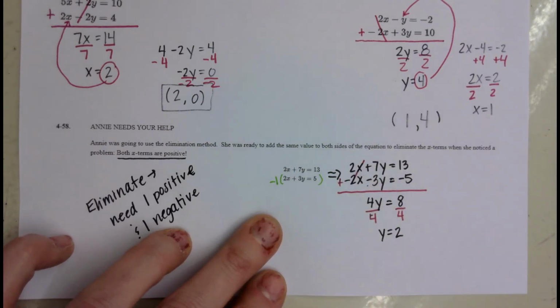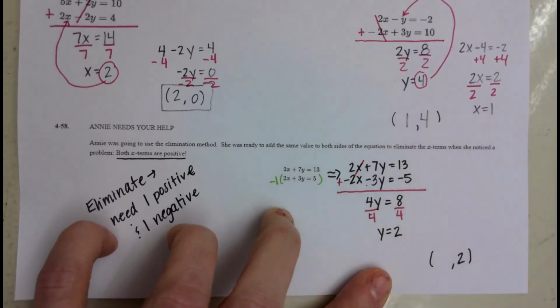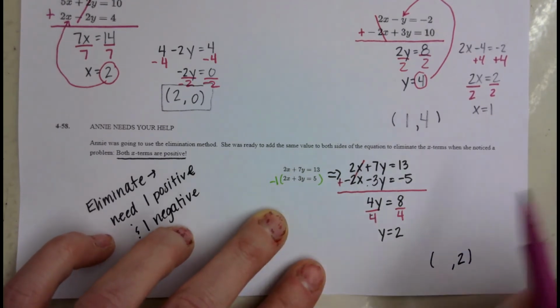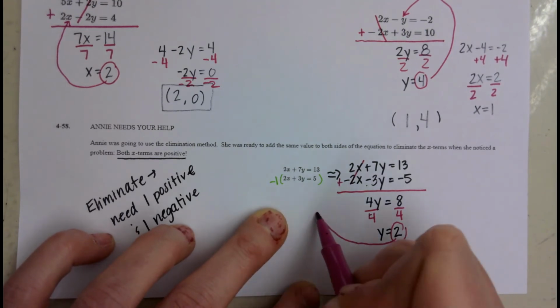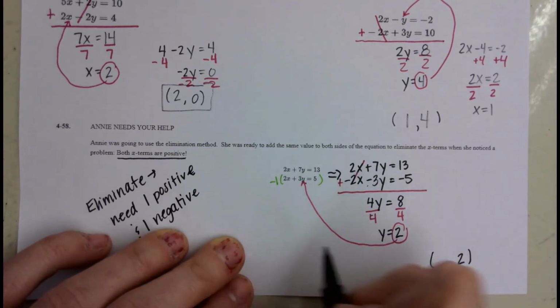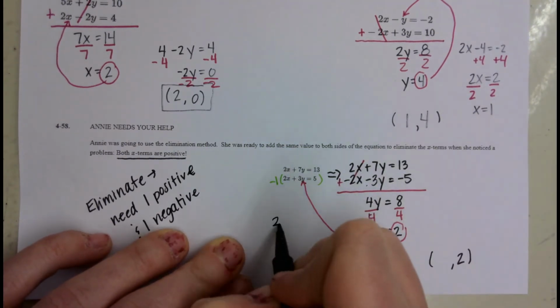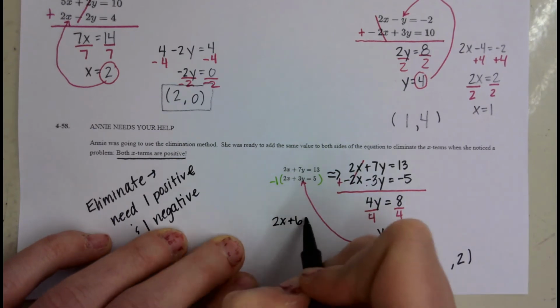Okay, don't forget though, we're looking for a point. So the 2 is our y value. We're going to take that 2 and plug it in. Make sure you plug it in for the right variable, so it's got to go in for the y. So when I plug that in, it becomes 2x plus 3 times 2, which is 6, equals 5.